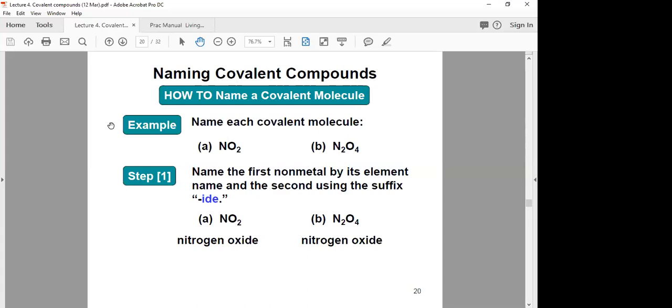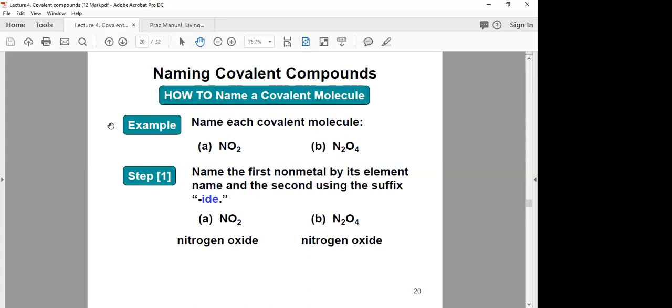So you might not recall, but for ionic compounds, when we name them, we don't specify the number of atoms in that compound within the name itself. We don't specify that in the name, but with covalent compounds we do. This is one of the major differences between the two.